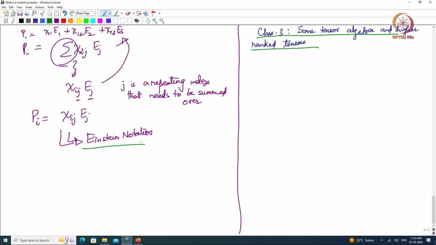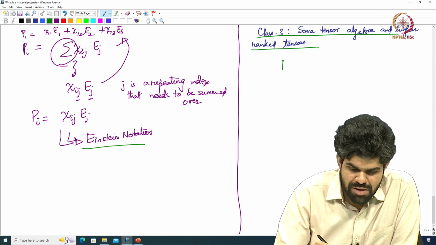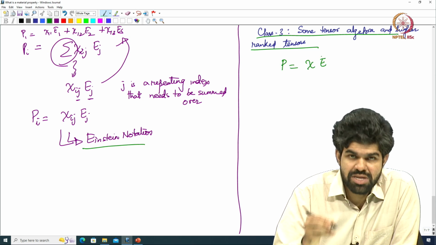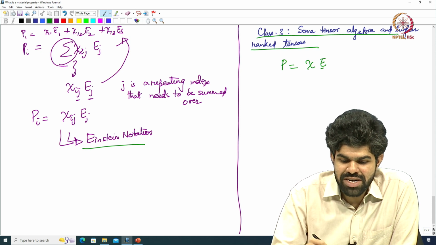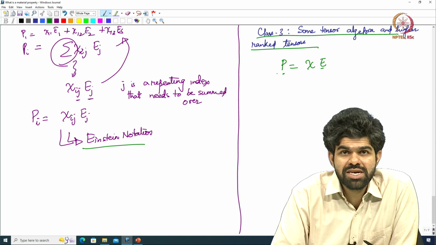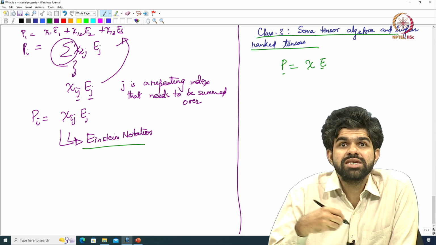In the last class we stopped at Einstein notation, right. We stopped by saying that if I have a polarization Pi, earlier in class 1 and part of the previous class, we were writing P as just susceptibility times electric field. But then we realized that electric field has a direction, polarization itself has a direction, these two are vectors, and chi actually relates the vectors.